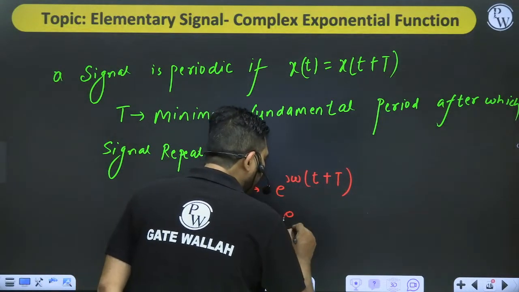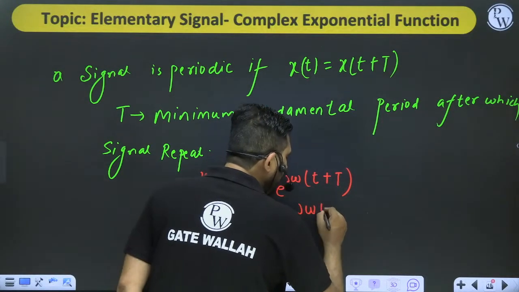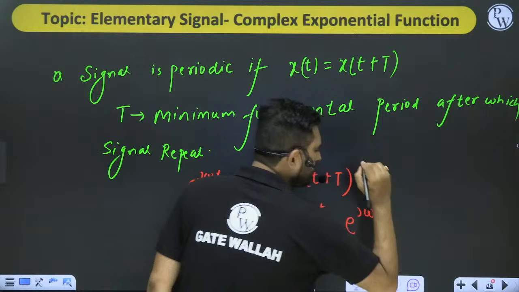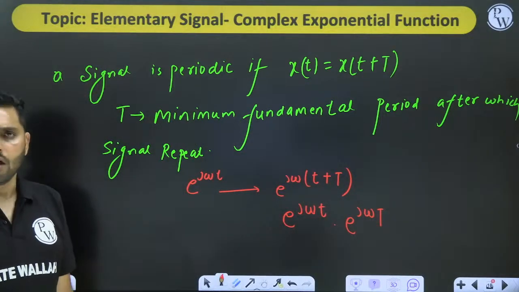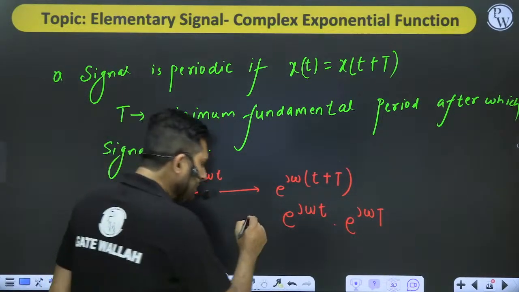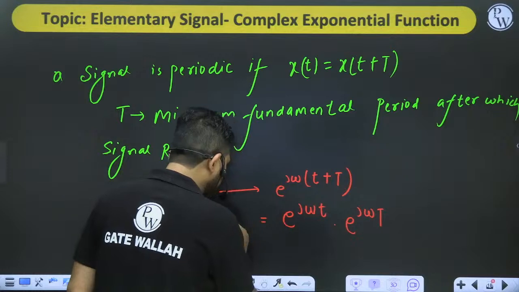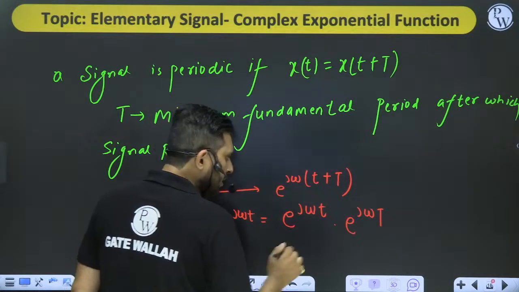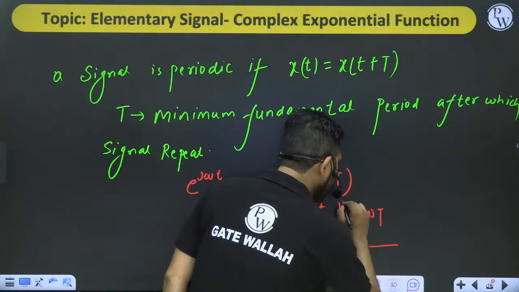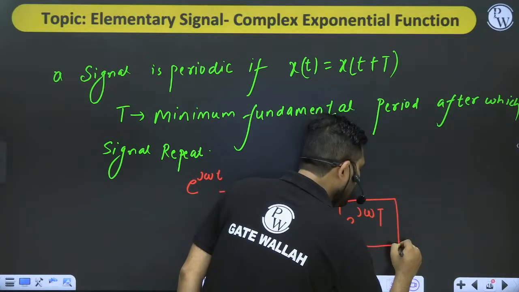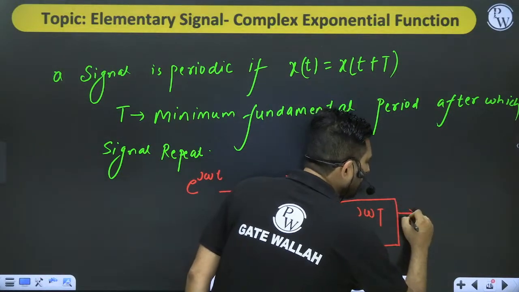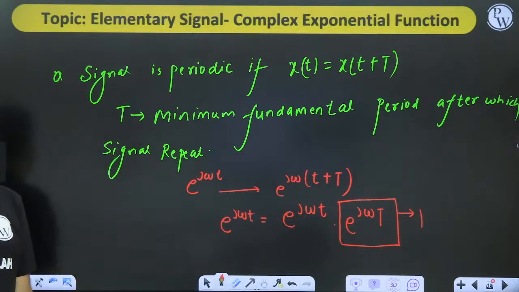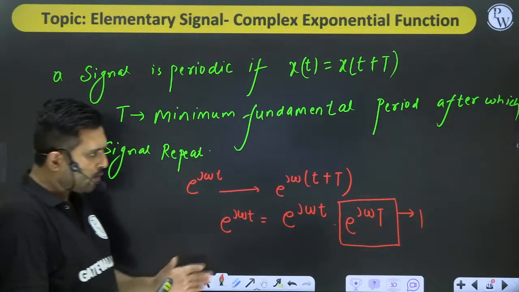It is e to the power j omega t into e to the power j omega capital T. If you want it to be equal to e to the power j omega t, then this has to be equal to 1.